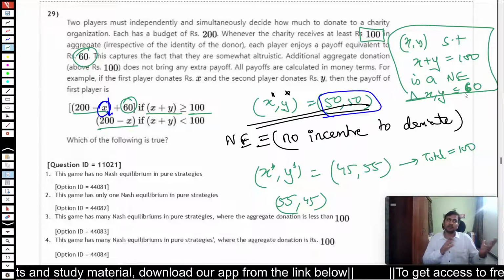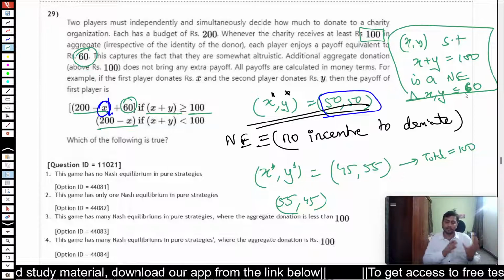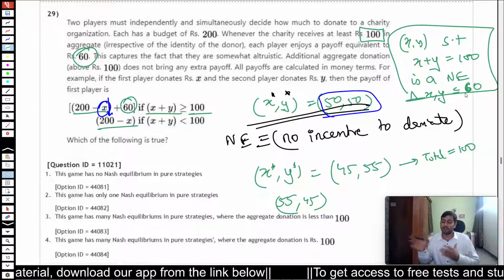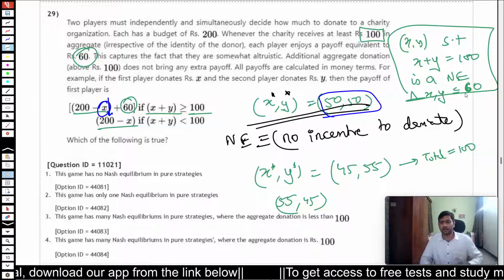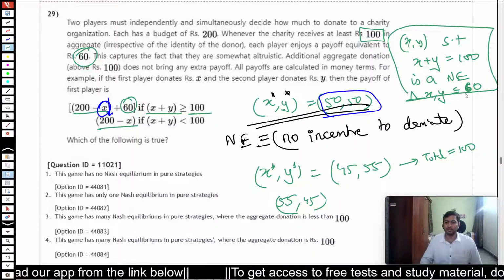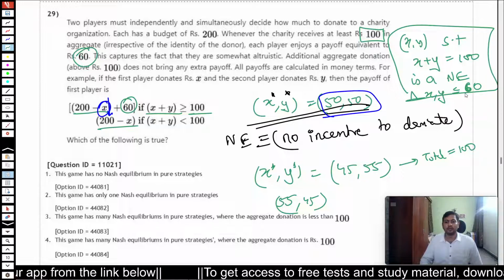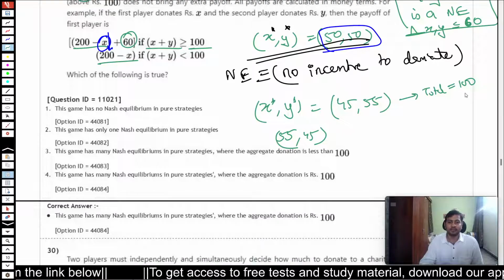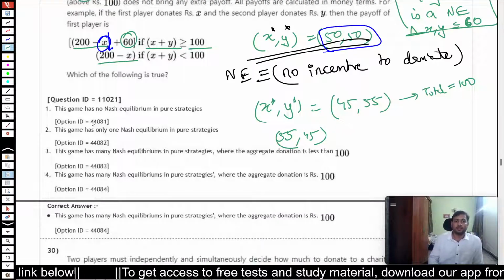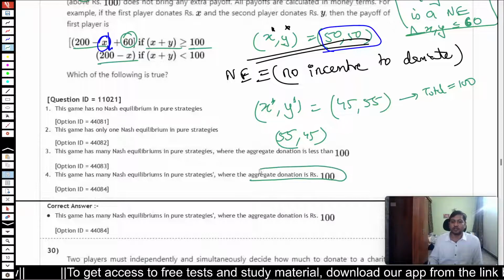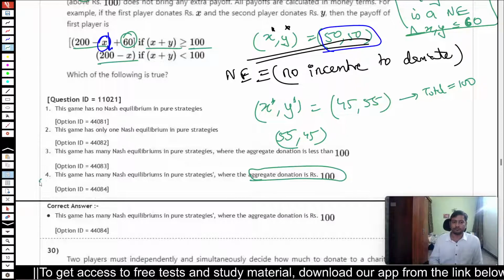So you can have combinations like 41, 59, 42, 58, 45, 55, and vice versa as well. All those are possible Nash equilibria. So all such Nash equilibria exist. So the game has multiple Nash equilibria where the aggregate donation is rupees 100.